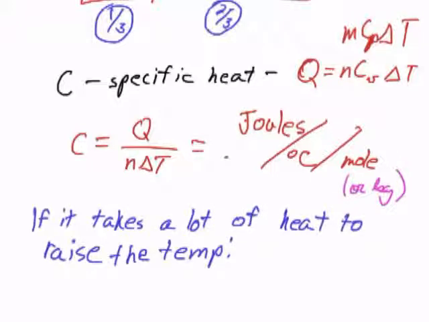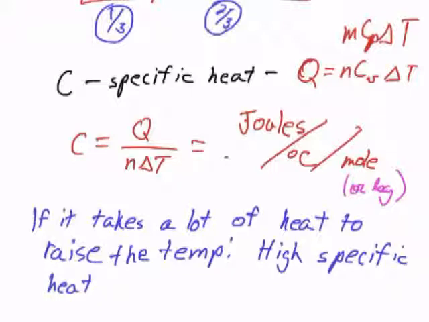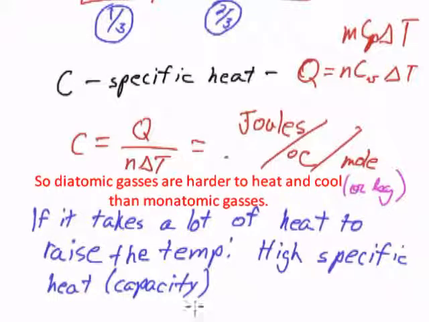So if it takes a lot of heat to raise the temperature, it has a high specific heat, and you can think of that as specific heat capacity. It will hold a lot of heat for a little change in temperature.